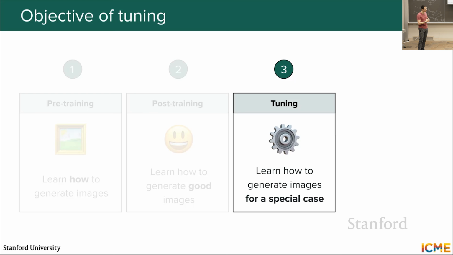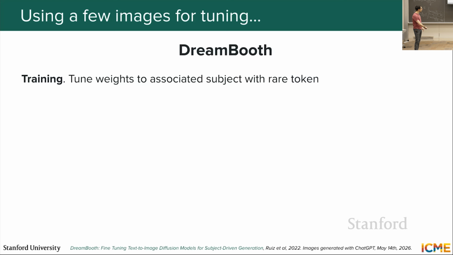As I mentioned, tuning is about personalizing your model for a special use case that you care about. And here, the method that I want to talk to you about is a method that you may have seen on the internet because a lot of people have been using it. It's called DreamBooth.